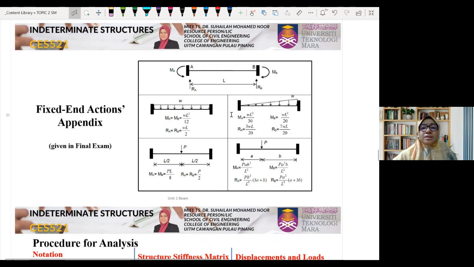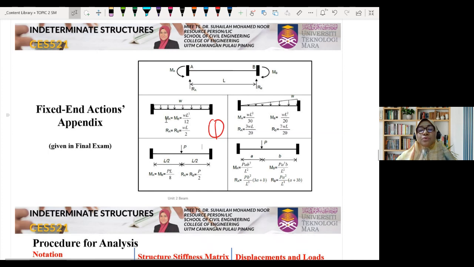Number one is when there is a beam. We put the fix at both ends, or we assume both ends are fixed. In this analysis, for the beam analysis, it doesn't matter, we have to assume both ends are fixed.